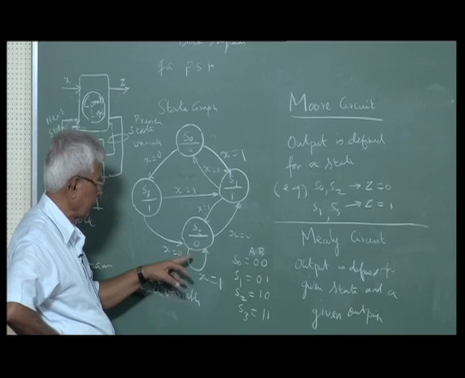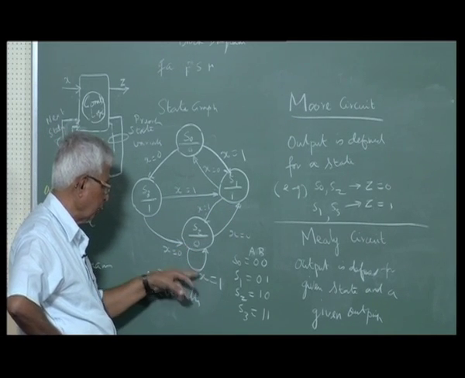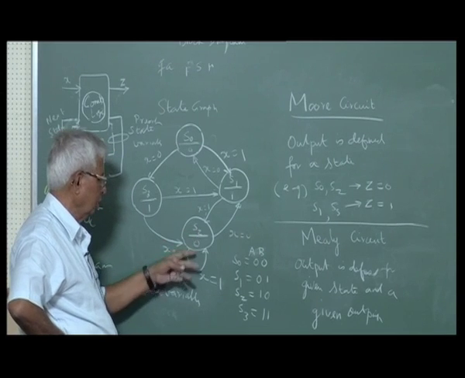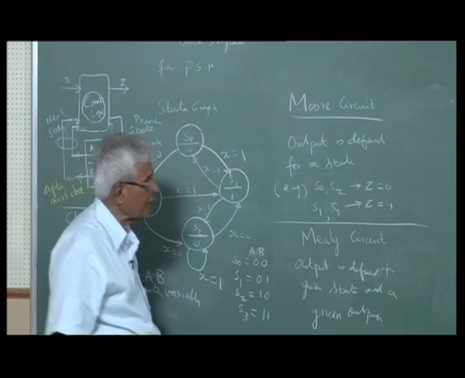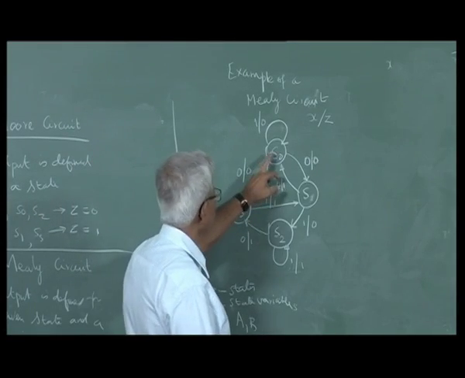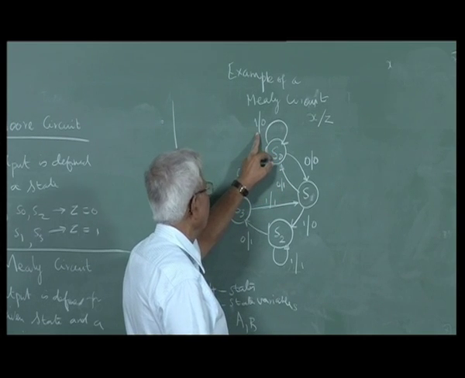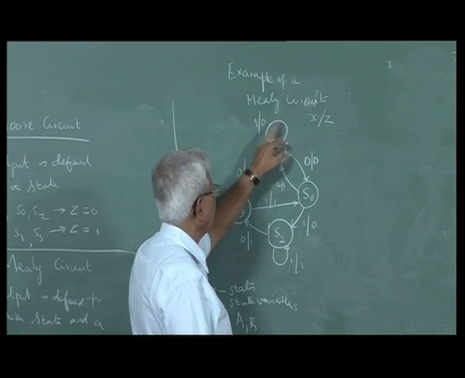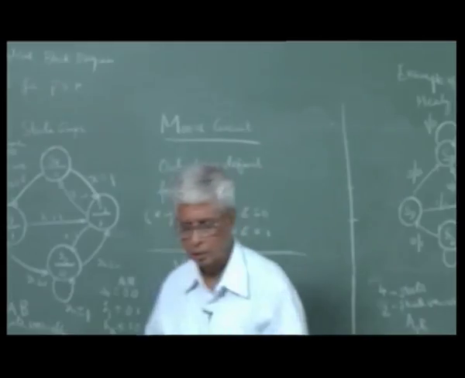If the circuit is in S2 and the input is 1, it remains in S2. It doesn't say one clock cycle, it can have several clock cycles. Here also it is the same thing. The circuit can be in S0, and if the input is 1 and the output is 0, it will continue here as long as the circuit is in S1 state.